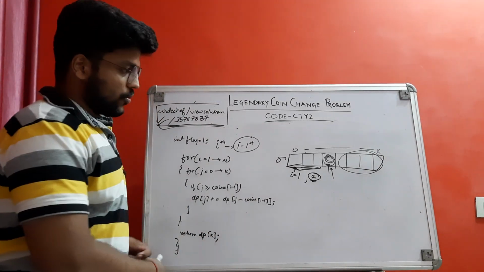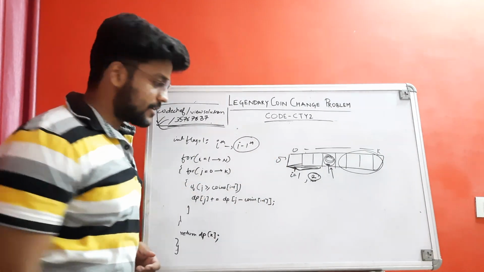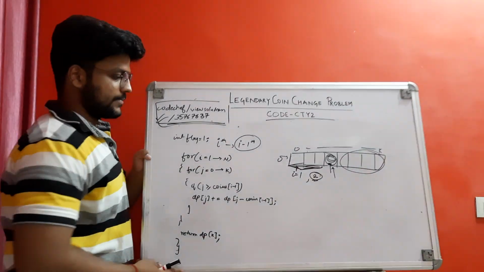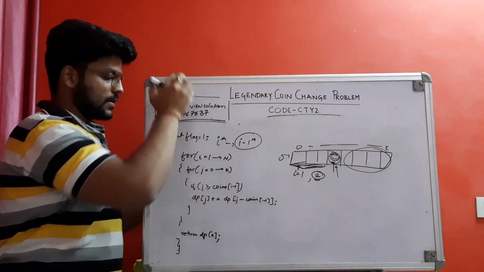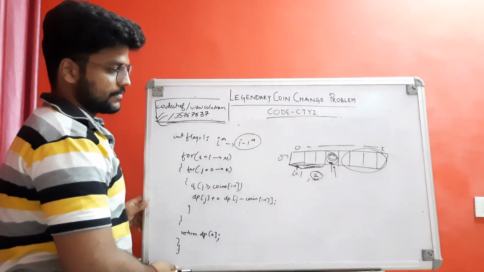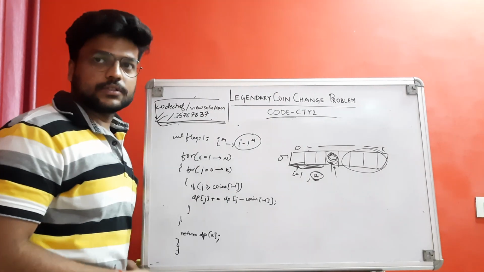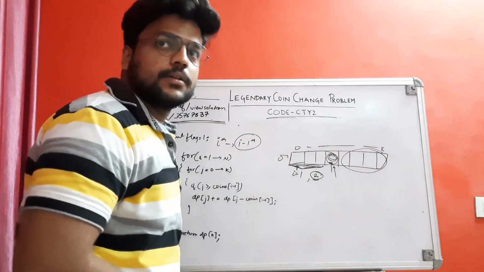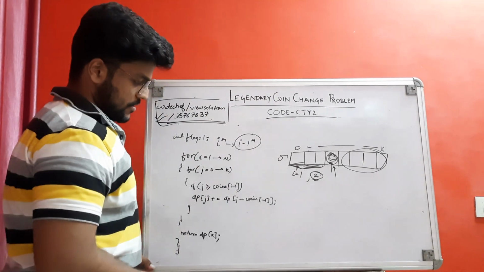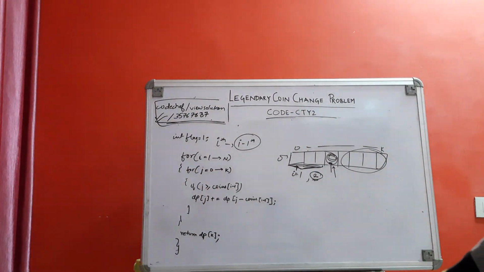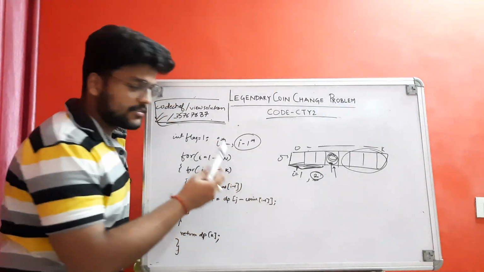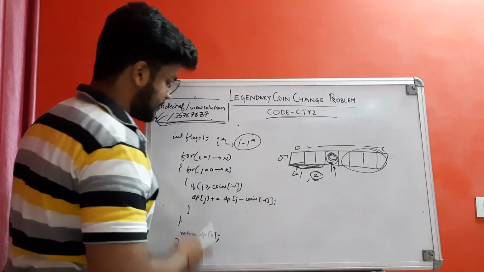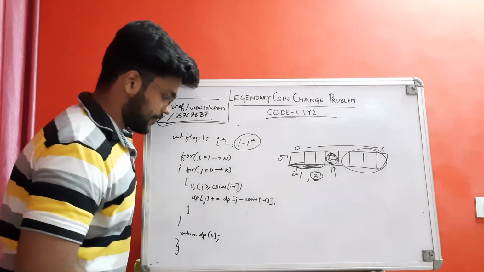So this is the code for using a single D array. Now I'll try to explain you this. So this will be the code for using a single D array. So now let's watch this code and I will try to explain you.